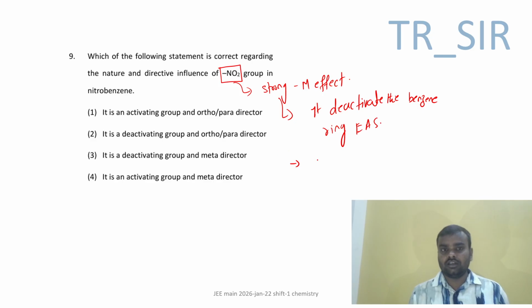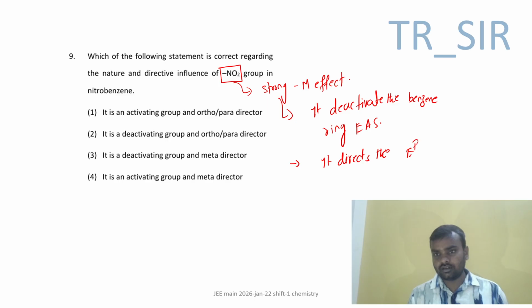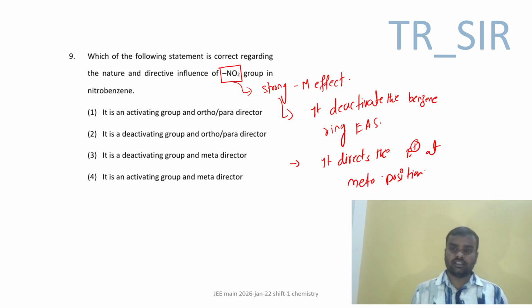Next, it directs the electrophile at the meta position only.